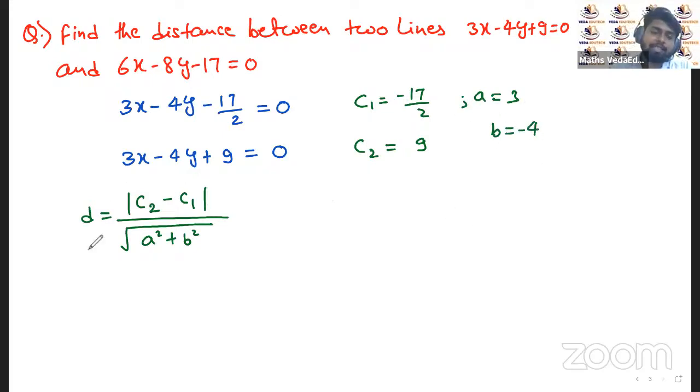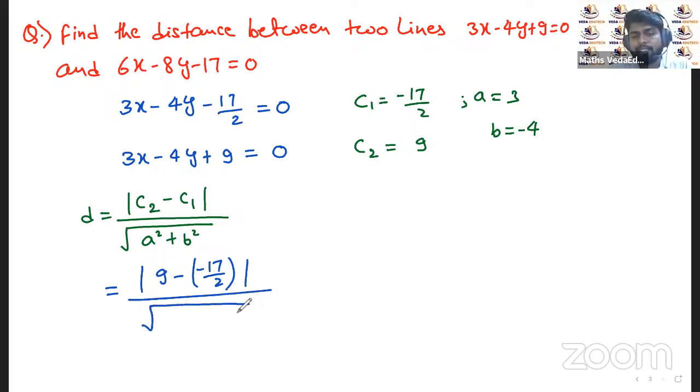Now put all these values here. C2 is 9, C1 is minus 17 by 2, modulus closed, and then square root of A squared plus B squared. The value of A is 3, so 3 squared, plus the value of B is minus 4, so minus 4 squared.